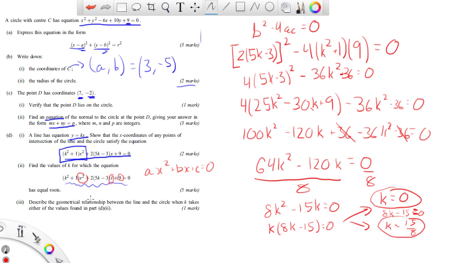That just means that it's going to touch at one point. And so when a line touches a circle at one point, all we need to say is that the line is a tangent to the circle. And that's a nice little one mark cherry on the top.